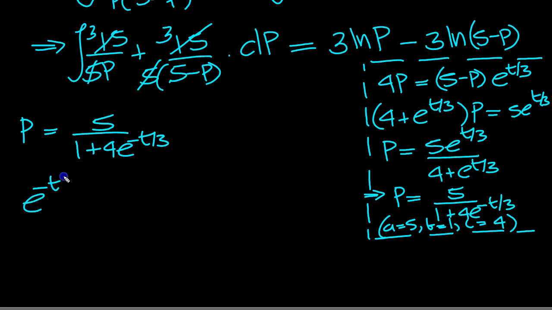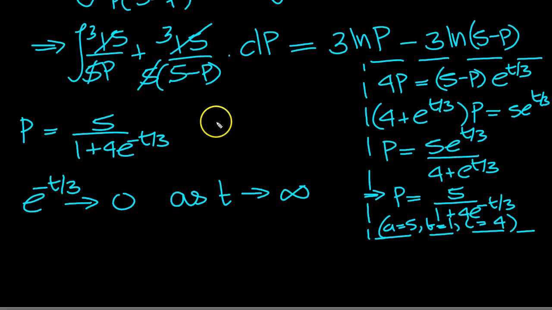e to the minus t over 3 tends to 0 as t increases to infinity. So its biggest value, this exponential value, if I just draw the curve, here it is, t is greater than or equal to 0, and it goes forwards.